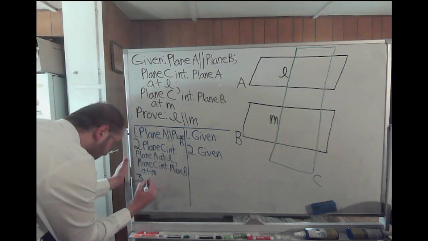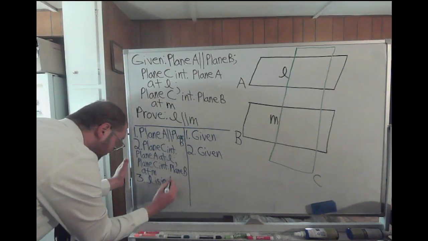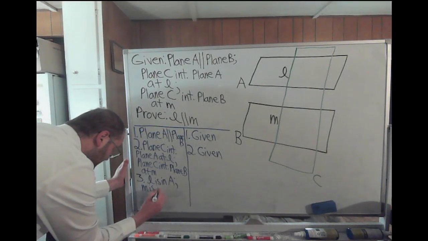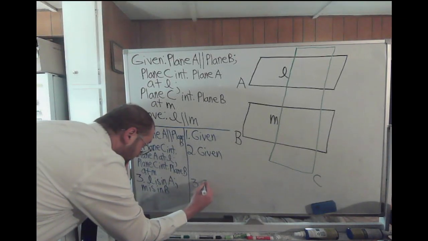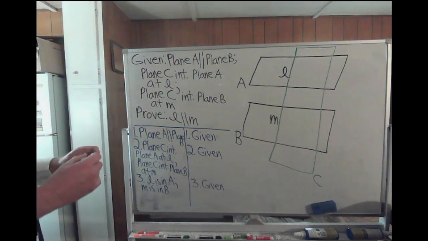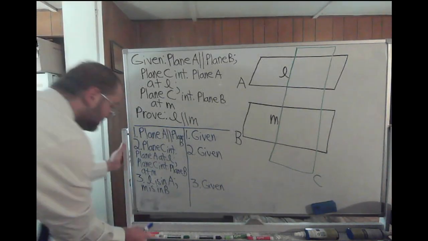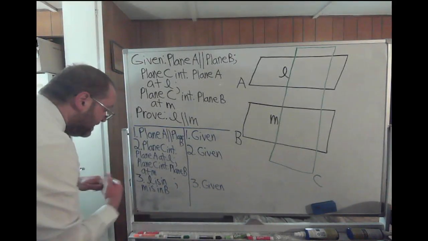So we can say L is in A, M is in B. That's also given by the diagram. So we've had 3 givens so far. No, L is in C is what I meant to say. Excuse me. M is also in C.